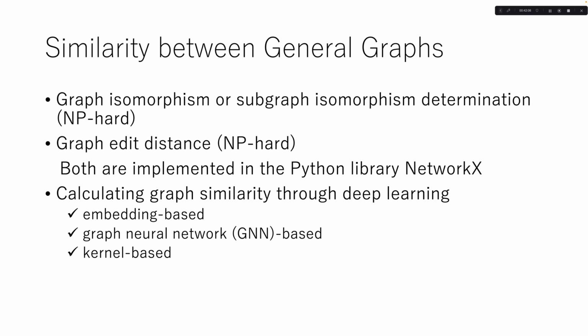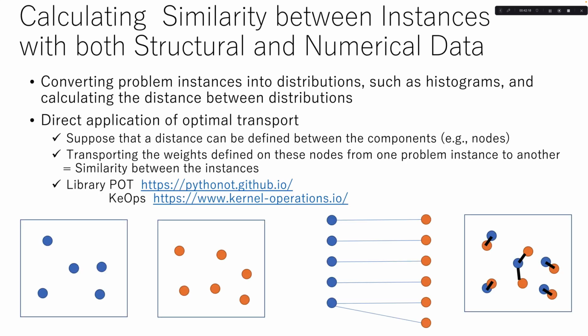In recent years, research on calculating graph similarity through deep learning has become active, with methods generally divided into embedding-based, graph neural network-based, and kernel-based approaches. Finally, let's consider the method for calculating similarity between general problem instances that possess both structural and numerical data.